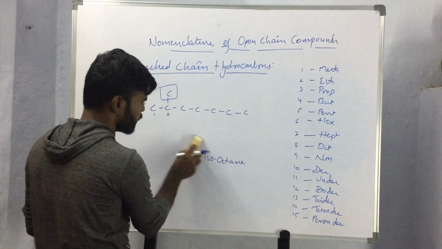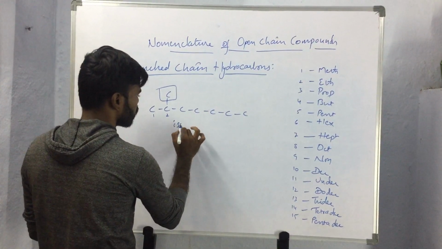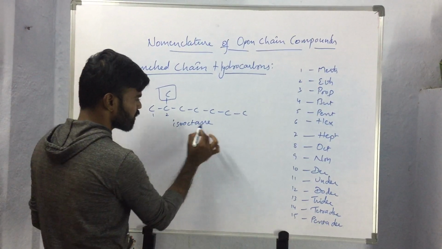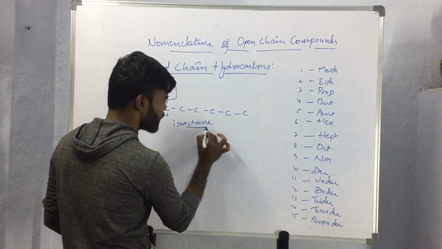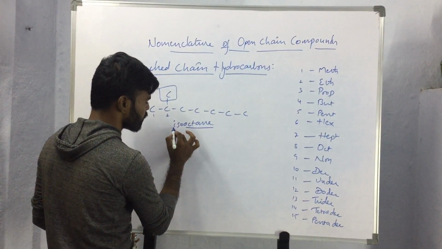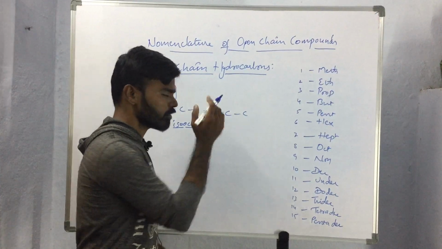So here the name isooctane indicates the compound contains 8 carbon atoms and one methyl substituent is present on the 2nd carbon atom of the parent chain.